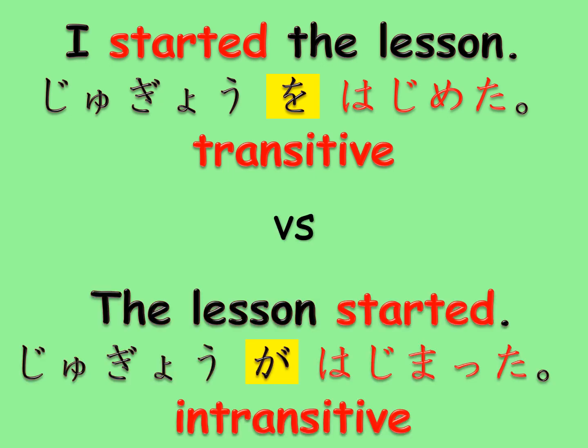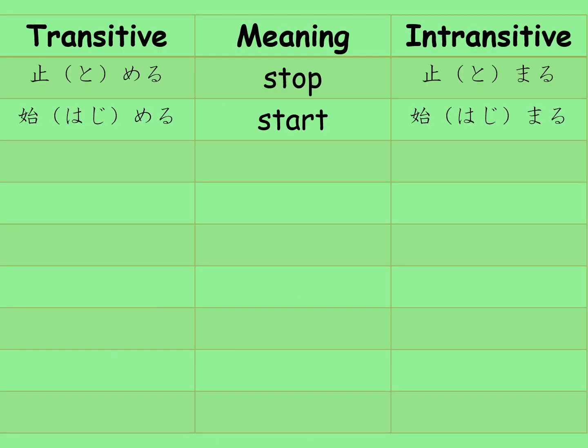If the verb is intransitive, a particle が is most likely used instead of を. In this case, 授業が始まった. Let's put this pair in this table. 始める is transitive and 始まる is intransitive.